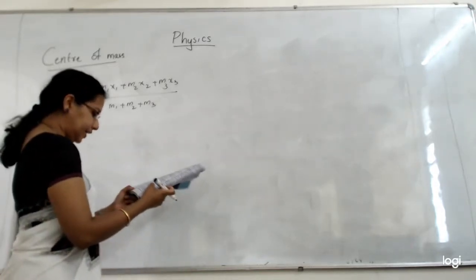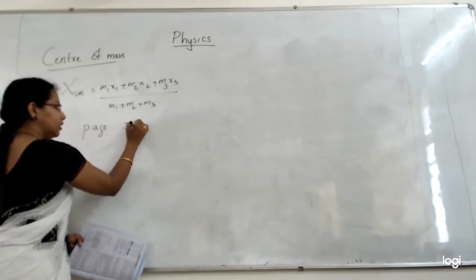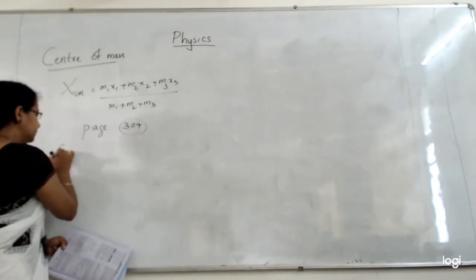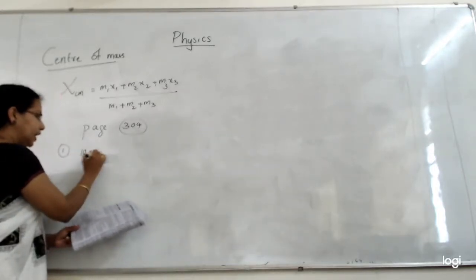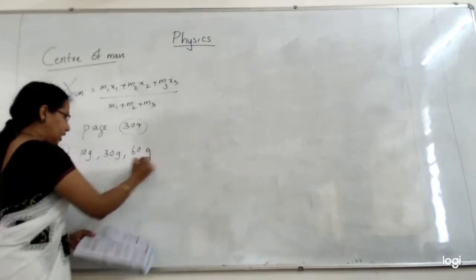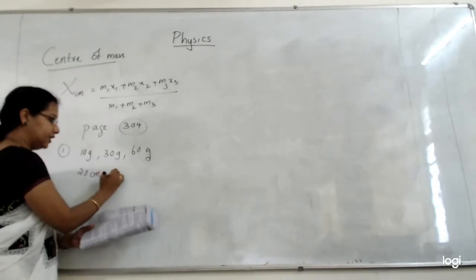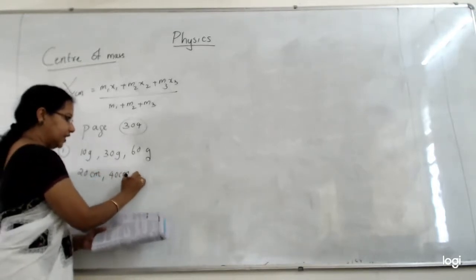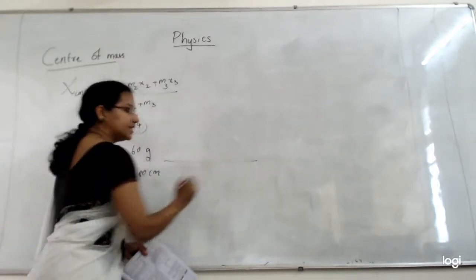In our material, page number 304, question number 1. 10 gram, 30 gram and 60 gram are located at points 20 centimeter, 40 centimeter and 80 centimeter on a meter scale.